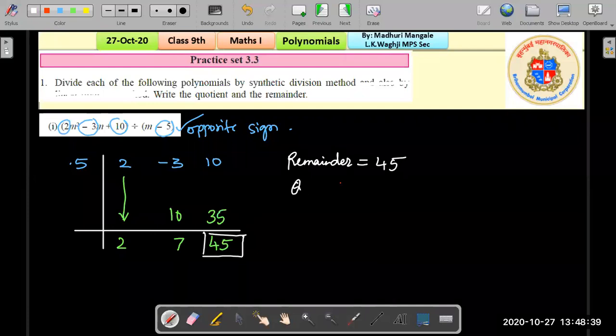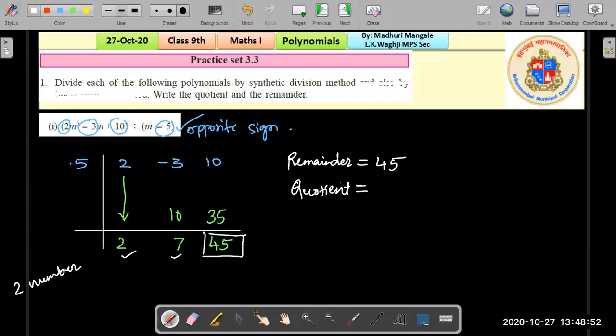And what is the quotient, students? So as I said, we simply count the numbers. Those are two numbers, so we will just subtract 1. So that would be 2 minus 1 equals 1. So the highest degree of the quotient will be 1.